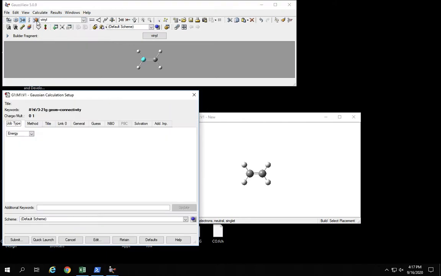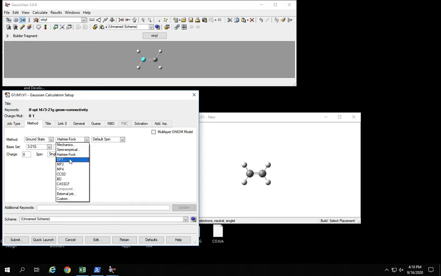And I'm going to start with geometry optimization. I'm going to look for a minimum. I'm going to use DFT with the default B3LYP functional. I'm going to use the 6-31G(d) basis set.